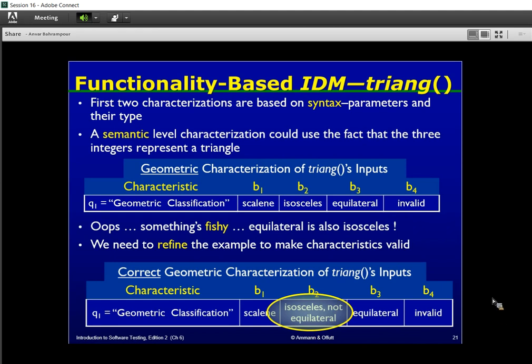The block B2 in this definition is all isosceles triangles, but not equilateral. Okay, it is healed by this definition.